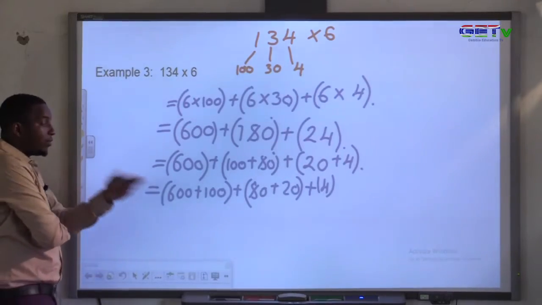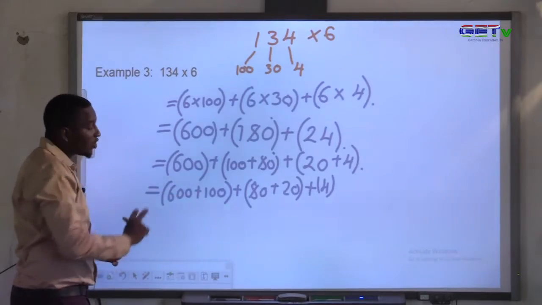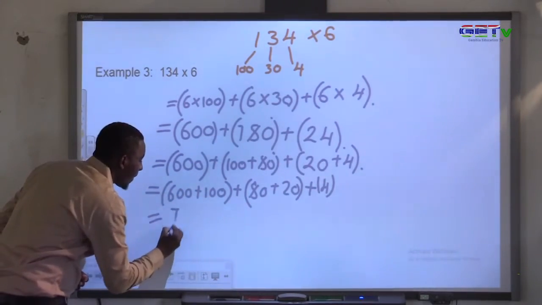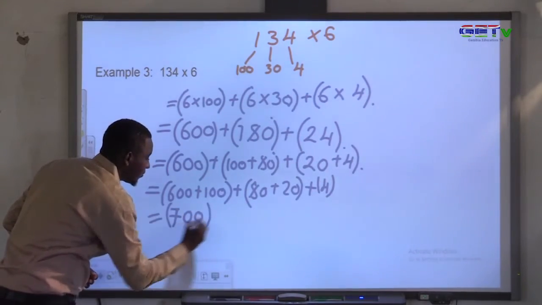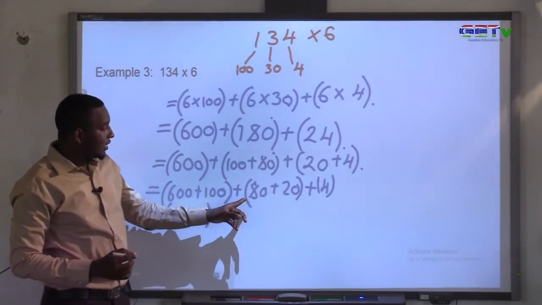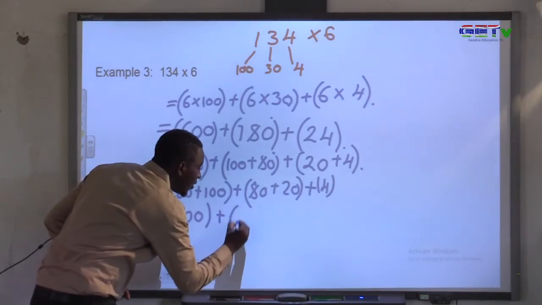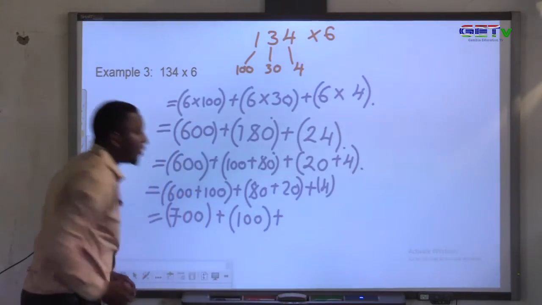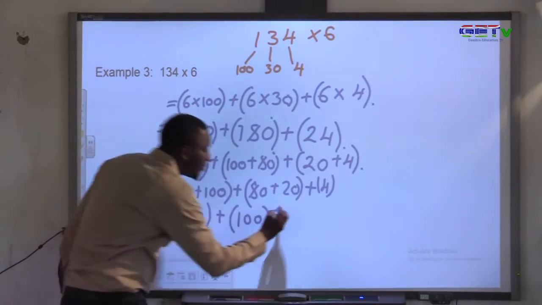Finally, we add and see what we are going to have. So 600 plus 100 is going to give us 700, plus 80 plus 20 is going to give us 100, plus, what do we have there? 4 as the unit.